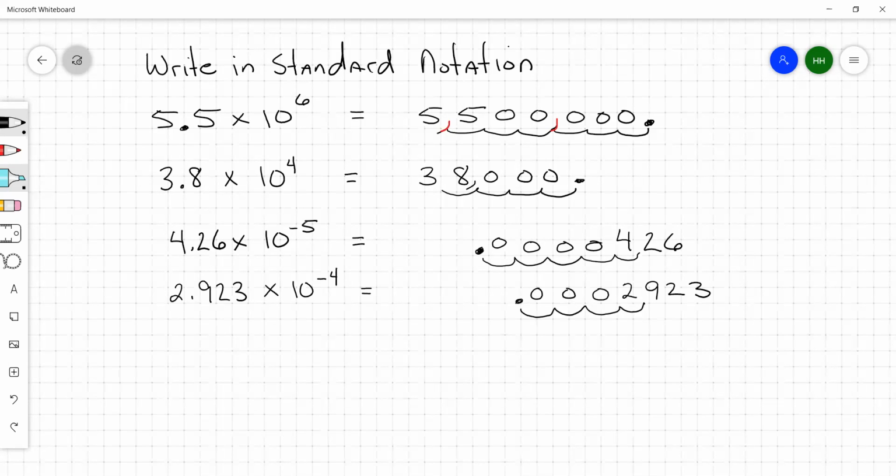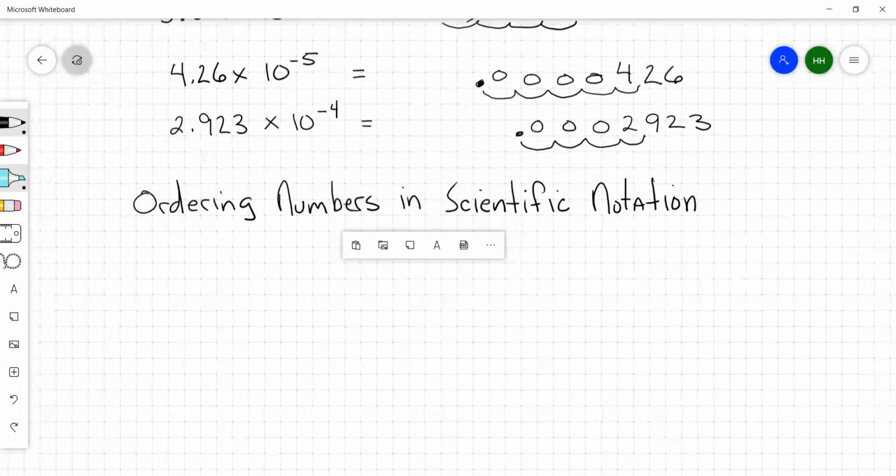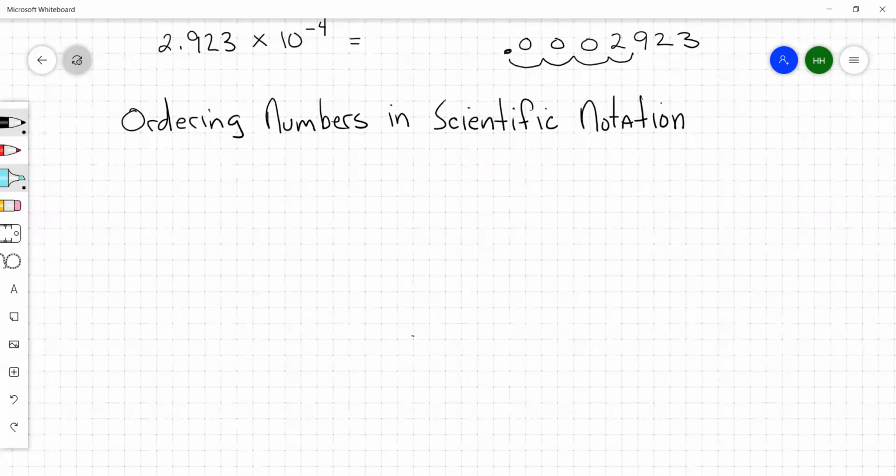Okay. All right, and the last thing we're going to review here is ordering numbers in scientific notation. Okay, ordering numbers in scientific notation.